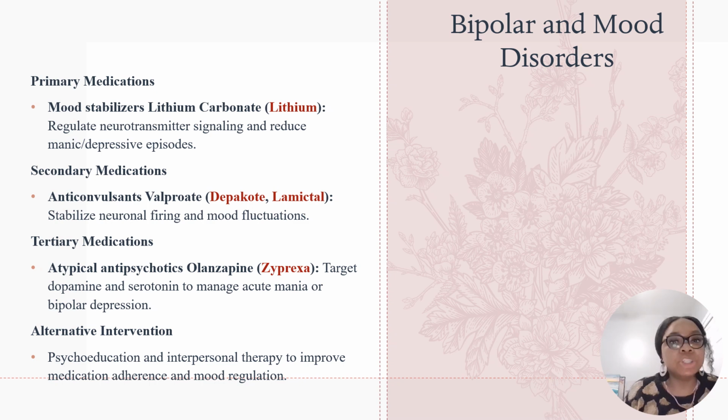And then we have the tertiary medications. An example would be Zyprexa, which aims to target dopamine and serotonin to manage acute mania and bipolar depression. And an alternative intervention could be psychoeducation and interpersonal therapy to improve medication adherence and mood regulation.